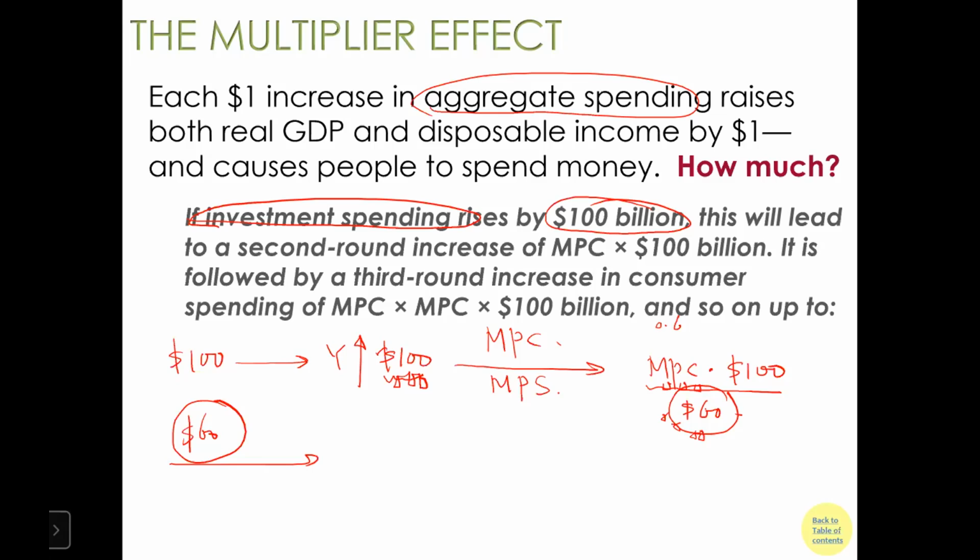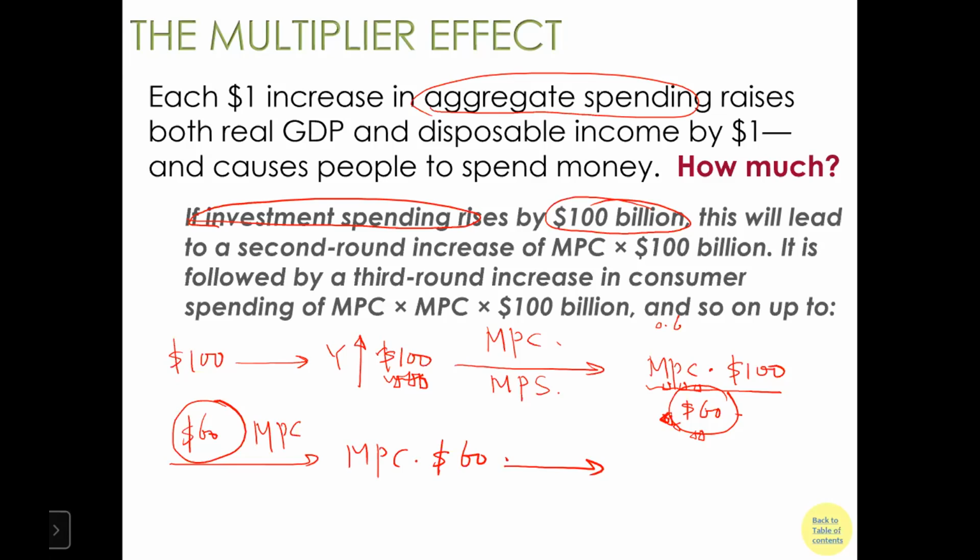What are they going to do? Again, this MPC is going to play a role, right? Those who provide goods and services to us are going to spend MPC times 60, right? And actually, this is going to keep moving. Why does it keep moving?